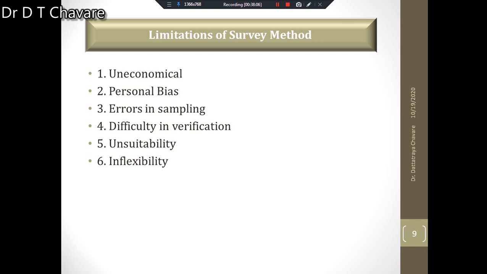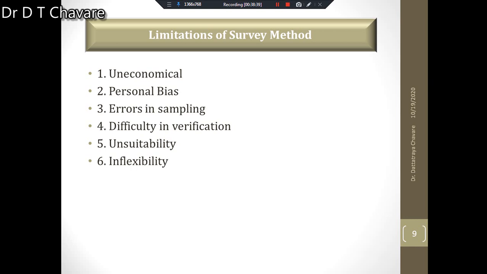It means that it is very difficult to verify whether the collected data is right or wrong, and this is also a limitation. Then the next limitation is unsuitability. What is it? The survey method is useful in analyzing only the current problem. Problems of the past cannot be studied using this method. Okay, and this is also a limitation.